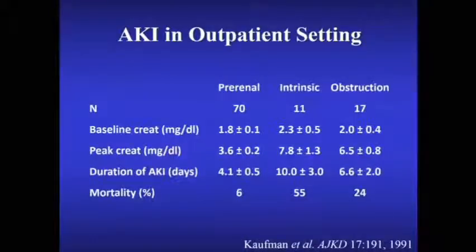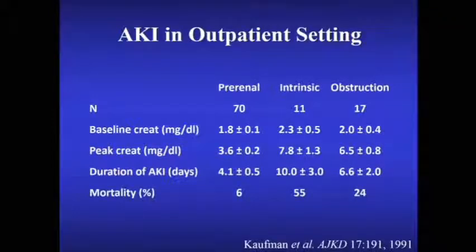All right, so this is an old study now, which is sort of an introduction to beginning to come up with a differential diagnosis for acute kidney injury. I still think we think about patients as being in three categories: pre-renal, intrinsic or intrarenal, or I would argue tubular injury, and obstruction, so post-renal.